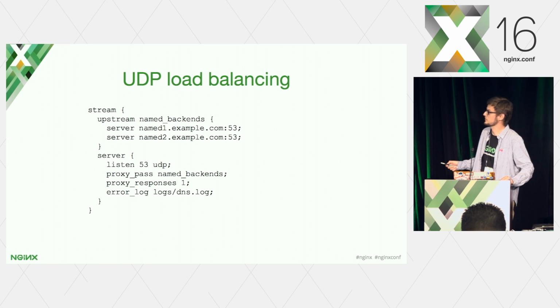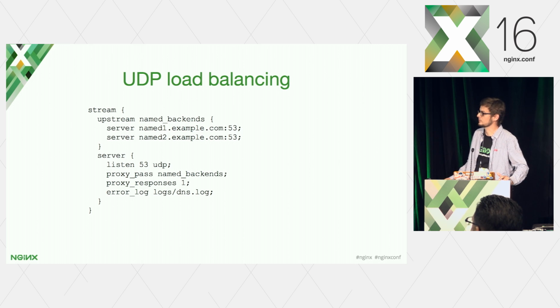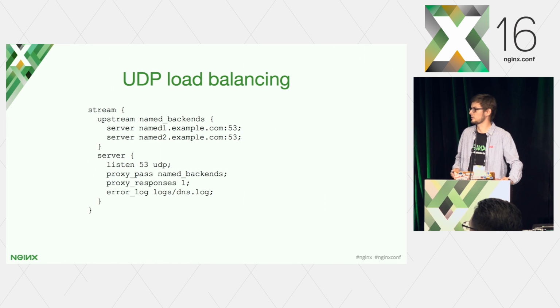And one of the things that you need to keep in mind is that NGINX UDP load balancer is built in a way that it expects one or more responses from the backend. So in case of DNS, we're expecting one request and one reply. And I've also defined an error log to put the logs from a UDP load balancer with some kind of statistics to it.